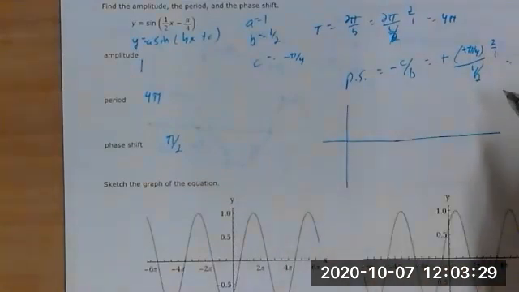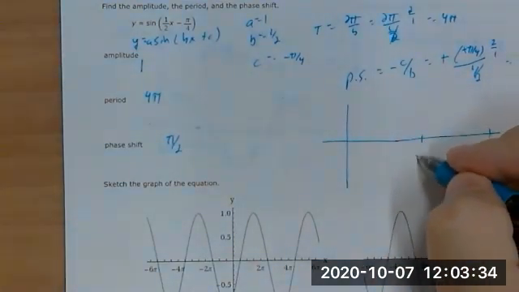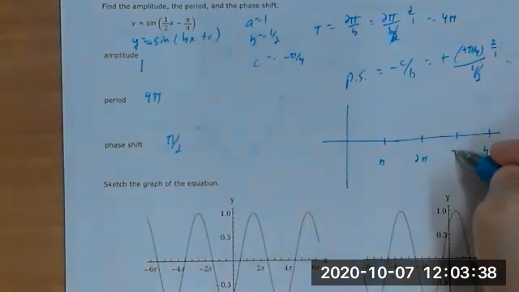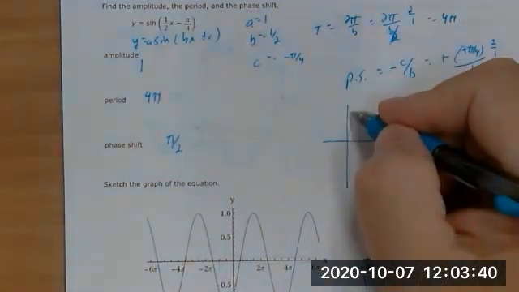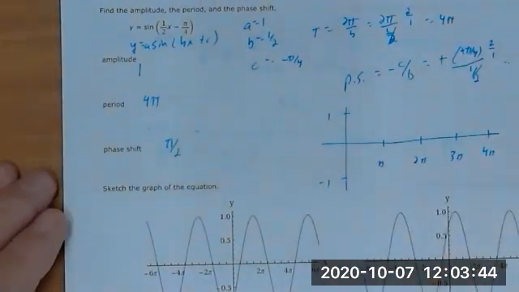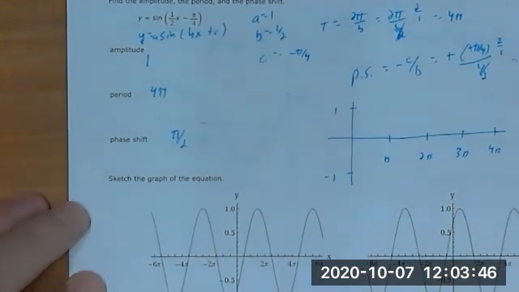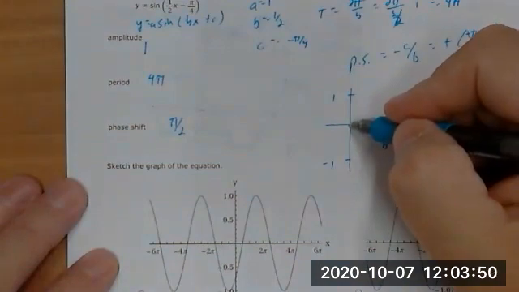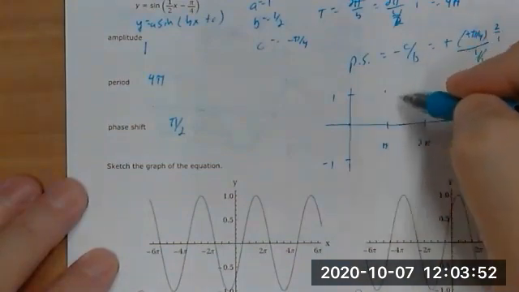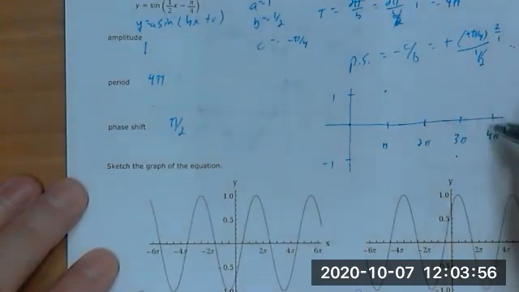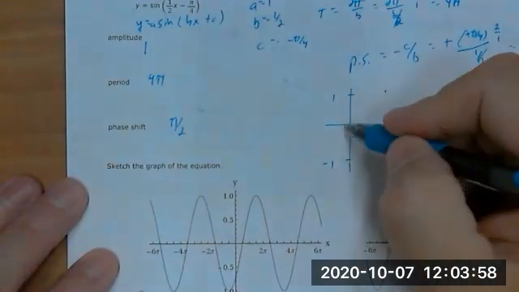So since period's 4 pi, half of it's 2 pi, cut it again, you get pi, and this is 3 pi. Amplitude's 1. Standard sine wave starts low, goes high, low, high, middle, low, back to 0.